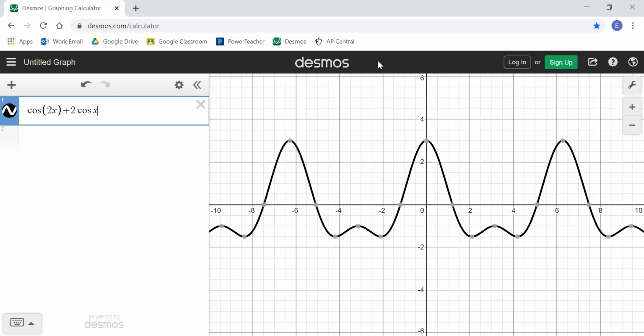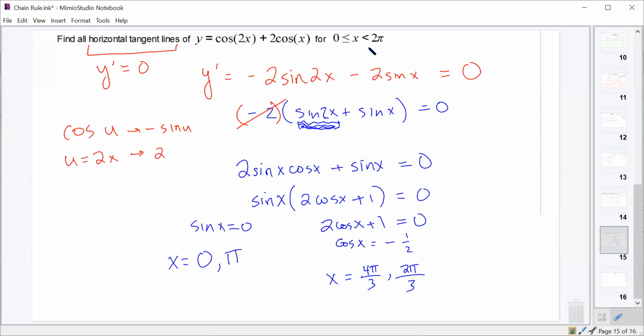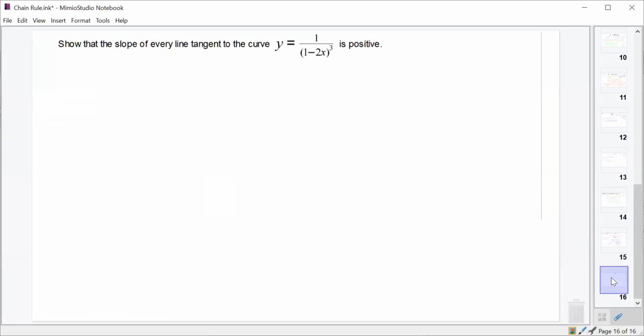And 2 pi was not on our actual interval, because we had an open interval on that side, non-inclusive on the 2 pi. Good or no? Yeah, that's good.